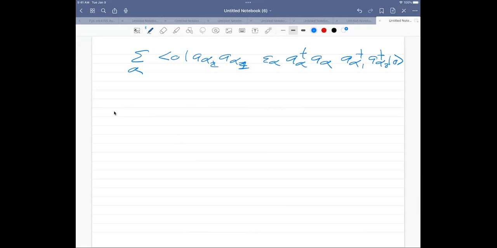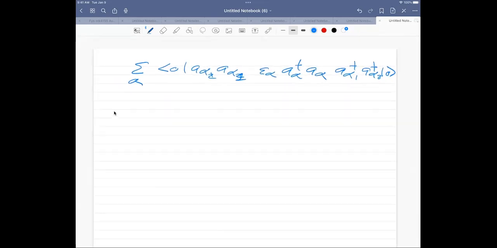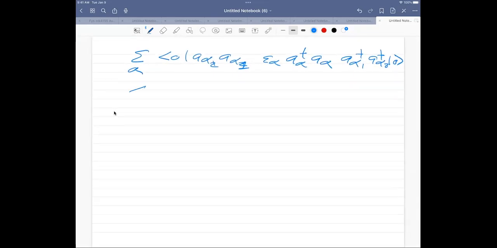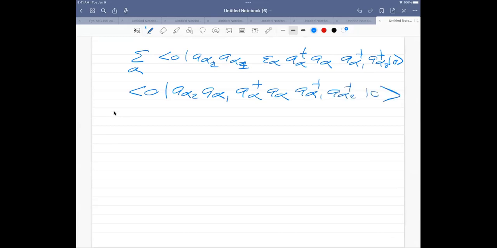The thing we need to look at is not the sum, but we can just stay with the expectation value of A alpha 2, A alpha 1, and then we have A alpha dagger, A alpha, and then A alpha 1 dagger, and A alpha 2 dagger, acting on 0. The first thing we're going to do is try to shift this operator A alpha to the right so it can act on the vacuum state. And then we will get 0.